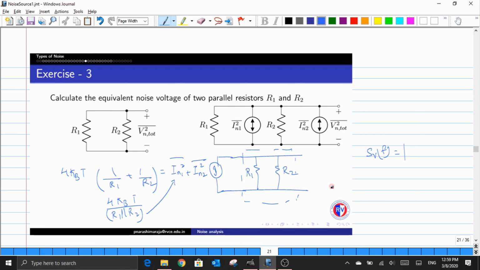And again, one could think that H of f is defined as the output component divided by the input component, and in this case the output component we are looking for is a voltage, divided by the input component that we are feeding here, which is a current. So we know from Ohm's law that the value of V by I returns us a resistive element. Now this resistive element is nothing but the combination of R1 in parallel with R2.